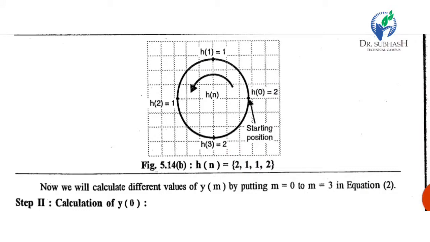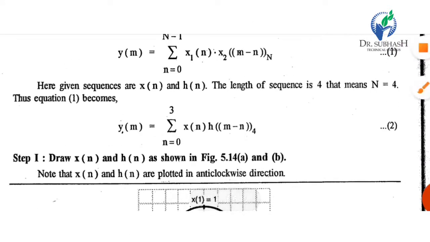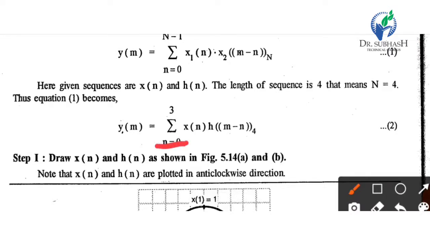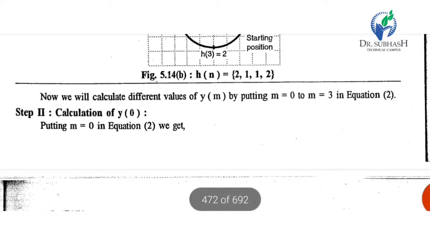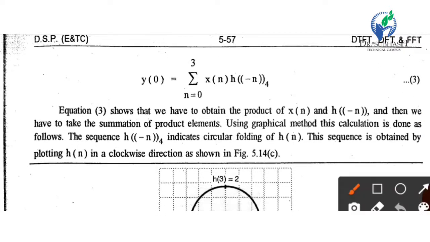Then we do the calculation one by one, putting n equal to 0, n equal to 1, n equal to 2, n equal to 3 for finding y of 0, y of 1, y of 2 and y of 3. Starting from y of 0, it is the summation n equal to 0 to 3 of x of n h of minus n modulo 4.